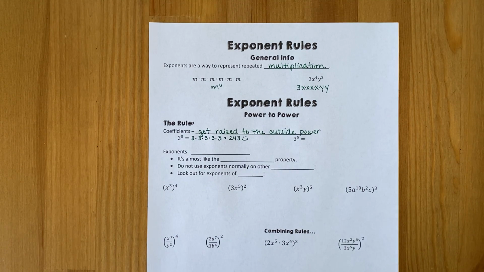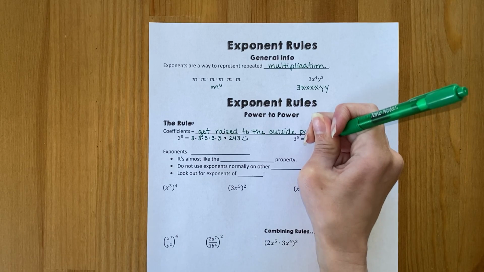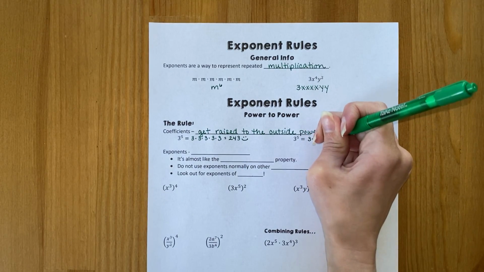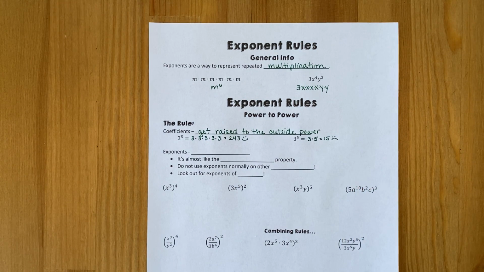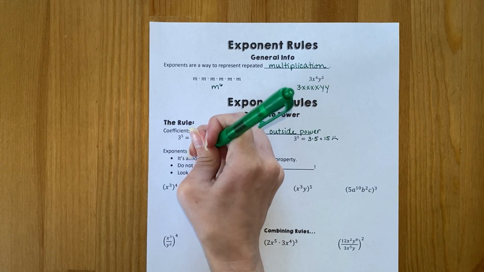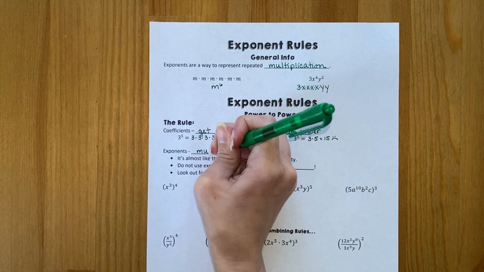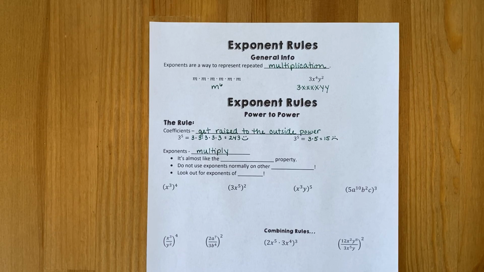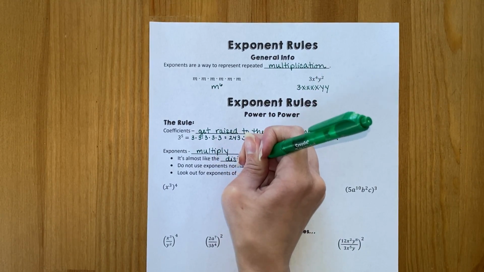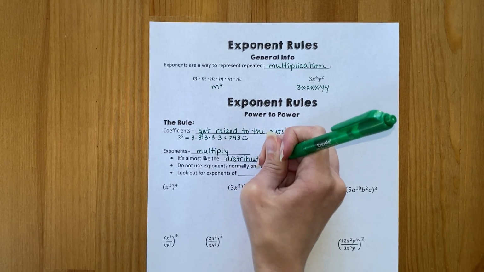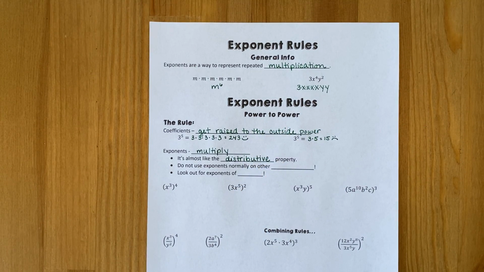What you do not want to do, and it's the easy common error to be made, is to take 3 times 5 and turn that into 15. That is not what we're trying to do here. But that's going to be your tendency because of what happens with the exponents. Your exponents are going to multiply. So the process itself is almost kind of loosely like the distributive property. So people get really excited and just try to multiply everything, but that's not going to work so well with your coefficients.